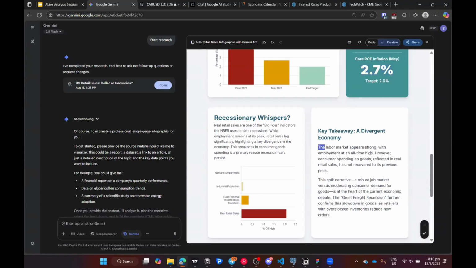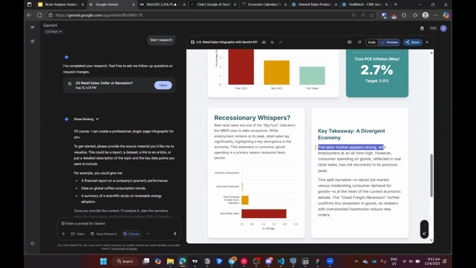Another key thing is the labor market, right? If the labor market is strong, it means that people still have their jobs, and that would mean that consumer demand will continue to increase. And if that happens, inflation will set in. In that case, if the Federal Reserve were to decrease interest rates, that would cause inflation to spiral or worsen.